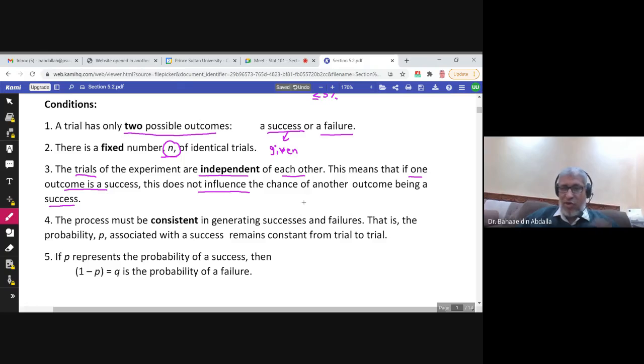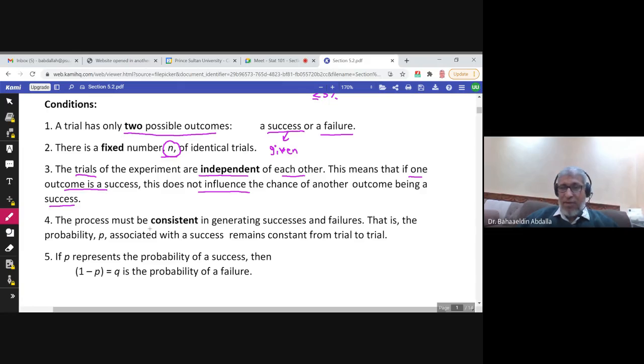If you toss a coin once and you get a head, you don't say, now the second time I will of course get a head again. No, every time it is 50-50. There is no influence. So in this case, we say the trials are independent of each other. Also, he will not give you this information in the question. You must know it or find it by yourself.